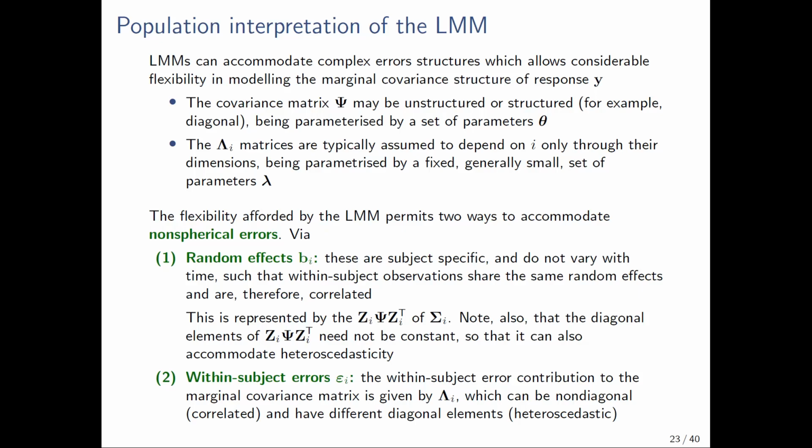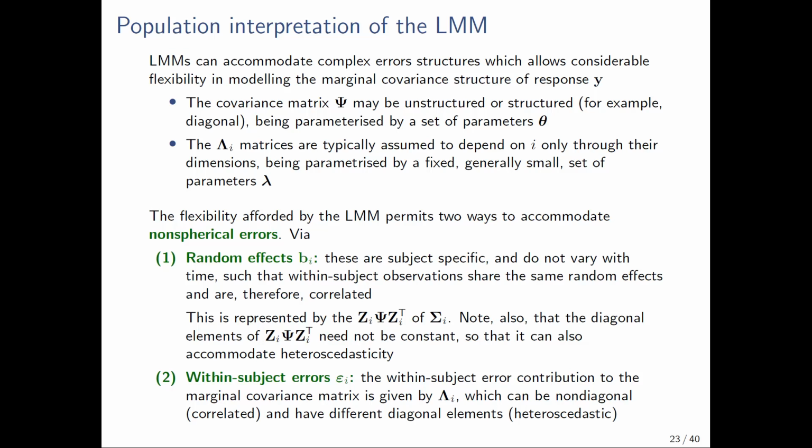The covariance matrix Psi may be unstructured or structured. For example, it could be diagonal, and it's parameterized by a set of parameters called theta. The Lambda_i matrices are typically assumed to depend on i only through their dimensions, parameterized by a fixed small set of parameters that we call lambda.